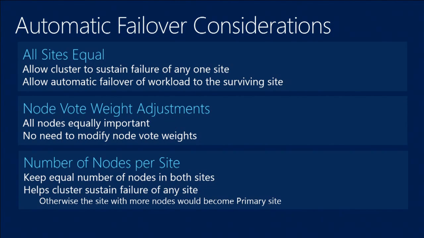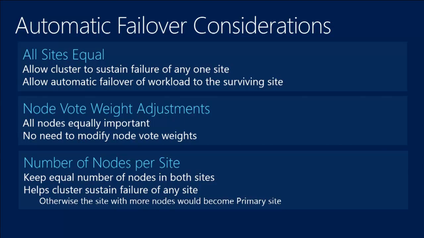The file share witness has to be configured on a third separate site, because that gives you the guarantee that both sites have equal opportunity to actually survive in the event of a site-to-site communication breakdown. Because both the sites would rush to arbitrate for the file share witness, and only one of them is going to win. And you want to give the ability for both the sites to actually win.